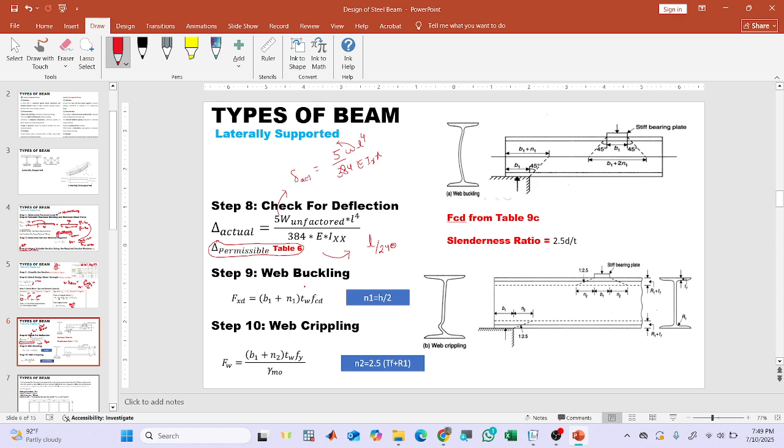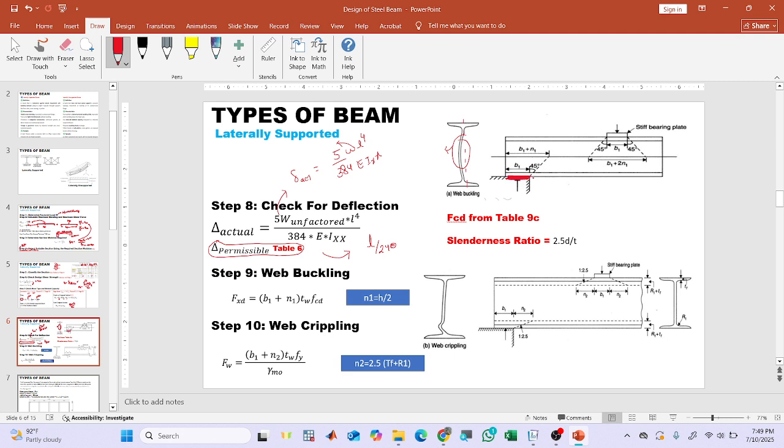Now for web buckling. Web buckling occurs when the material of the web is extremely weak, and then the entire web will buckle from its original position, and we will check in this region only. So for web buckling, we will check the support condition.